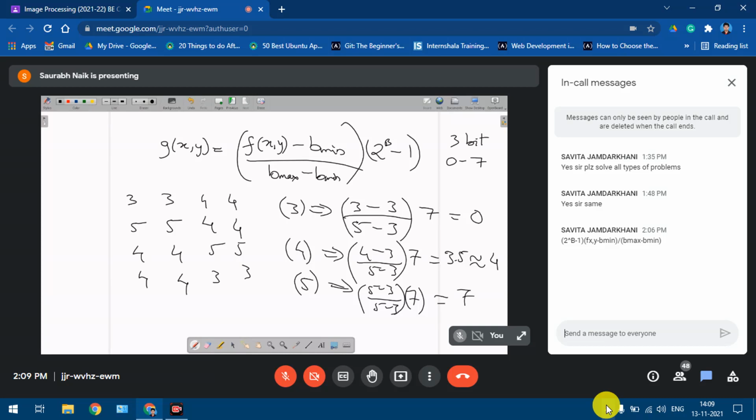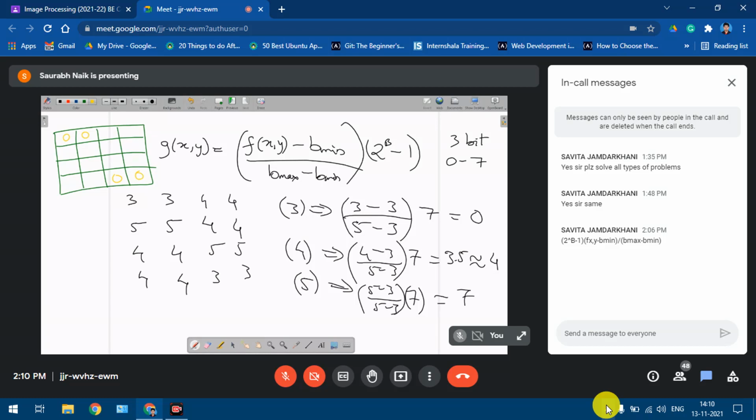So the output image will look like something like this. I'll draw it over here. That is a 4 by 4. Since 3 is mapping to 0, I will get 0, 0, and 0, 0. Gray level 4 is mapped to gray level 4.